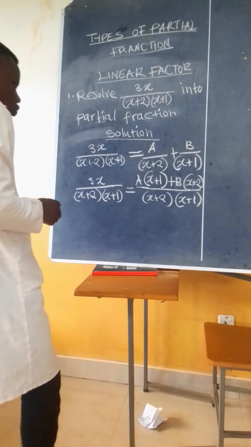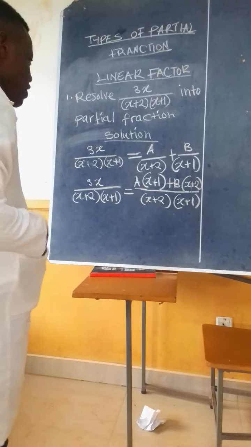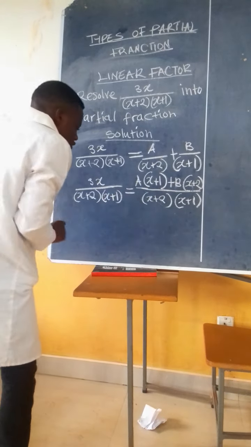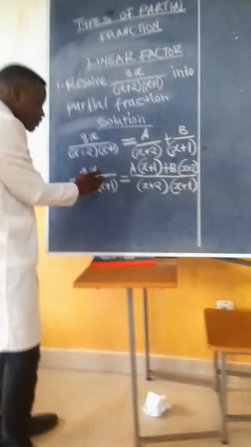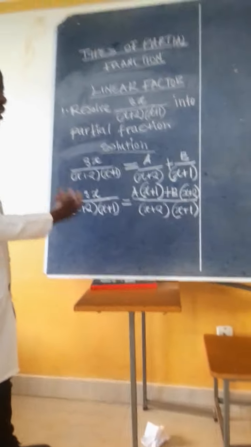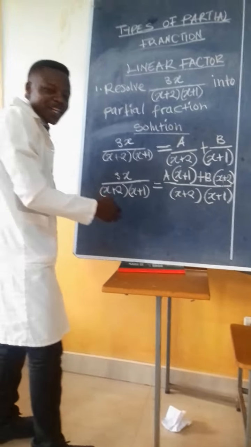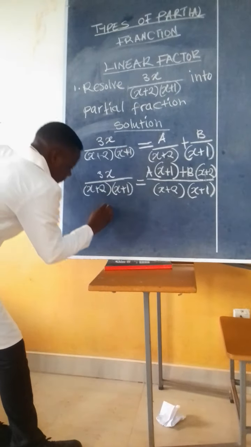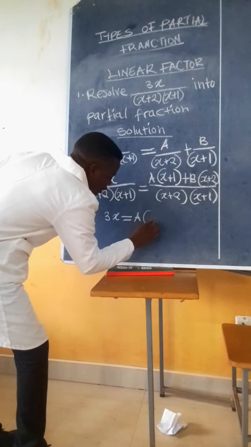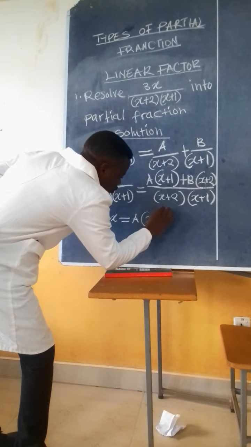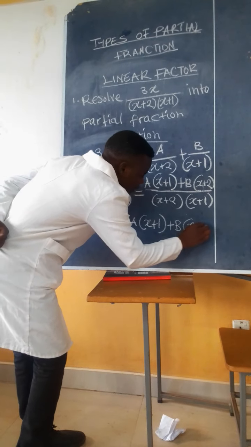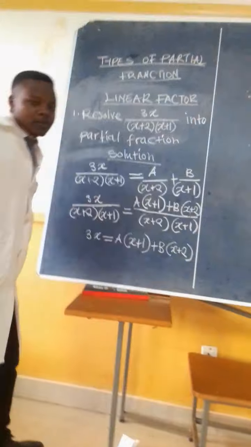After that, since the denominators are equal, we concentrate on the numerators. We equate the numerators, which simply says 3x is equal to A open bracket x plus 1 close bracket plus B open bracket x plus 2 close bracket.